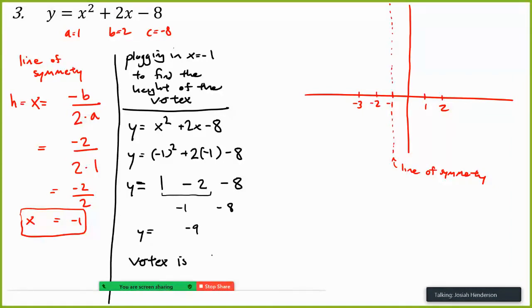The vertex is negative 1 comma negative 9. I didn't realize I gave you one with negative 9 in it. So let's do that: 1, 2, 3, 4, 5, 6, 7, 8, 9. All right, so there's my negative 9. Yikes.